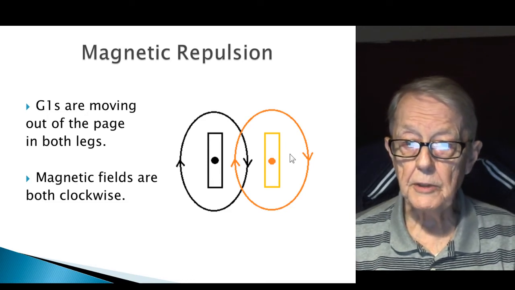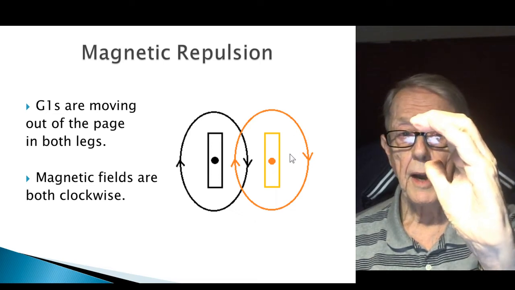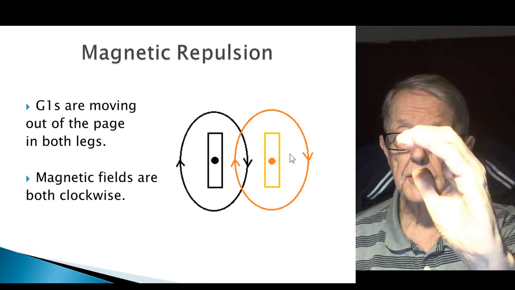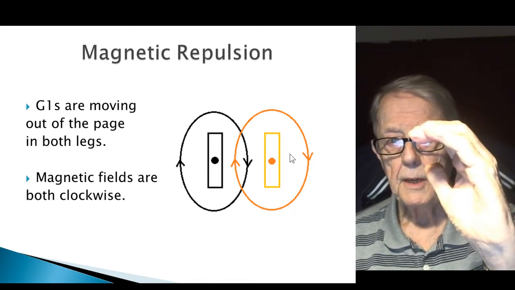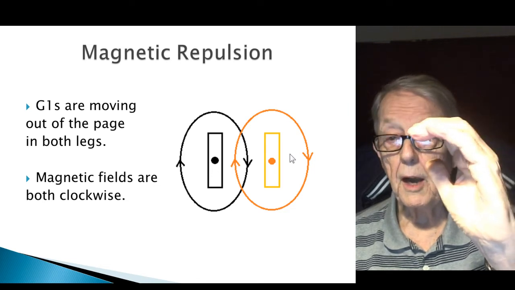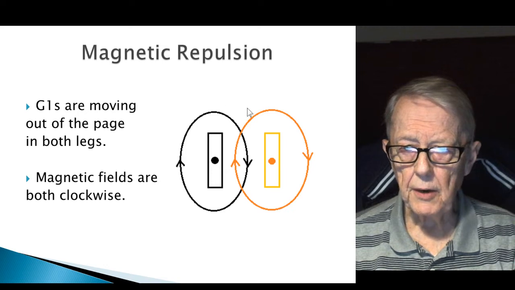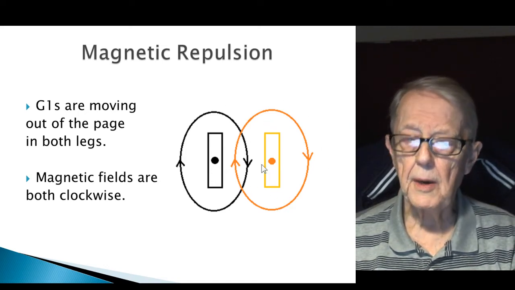So now if you use the left-hand rule, and here's the left-hand rule, I have it pointing towards me. If you point it towards yourself, you'll see your fingers are curling clockwise. So you got G1 particles around this leaf moving clockwise and around the gold leaf moving clockwise.